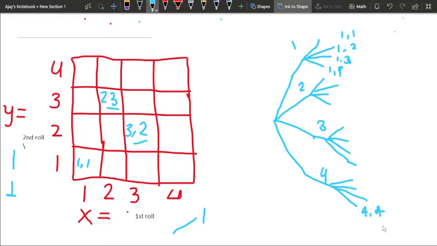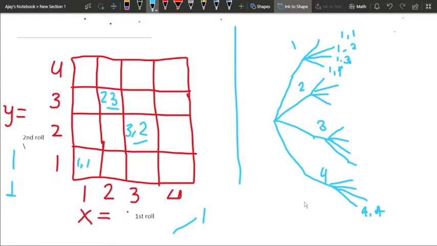So a very useful way to describe it is by providing a sequential description in terms of a tree, and this is a tree diagram.